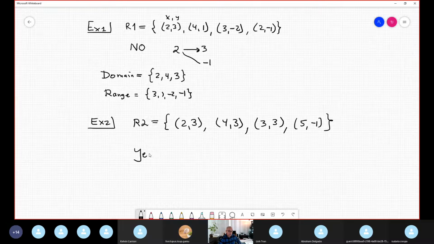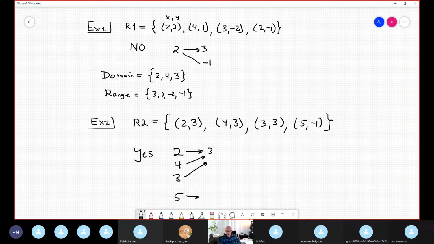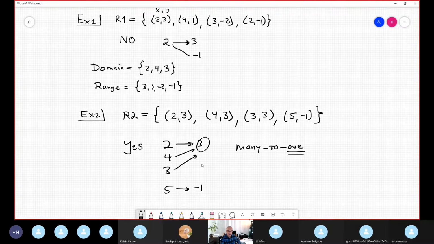Yes, you are right, because 2 is associated with 3, 4 is associated with 3, 3 is associated with 3, and 5 is associated with negative 1. This is classical many-to-one. The most important part in the definition is that it's only one. Good.